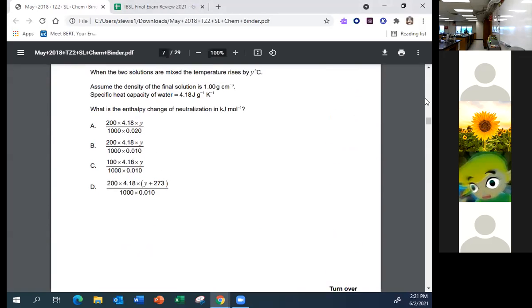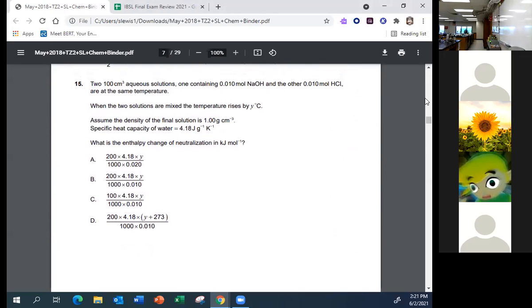Oh, so that question that we were just talking about is officially redox, which is topic 9. This is topic 5, I believe, which is energetics. Okay, so we're mixing two solutions. The temperature goes up by Y, and then we're given some constants. What is the enthalpy change of neutralization?